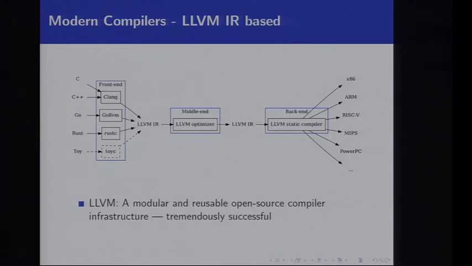LLVM, which stands for low-level virtual machine, has been tremendously successful. Most of the languages and the things that you run on your phones, etc., have probably gone through LLVM. So with C, C++, Go, Rust, and also many other things that I haven't listed, like Haskell, Swift, Objective-C, all of these languages typically have different front ends. They are lowered to LLVM IR, which is the modular and reusable infrastructure, and this takes a target description.